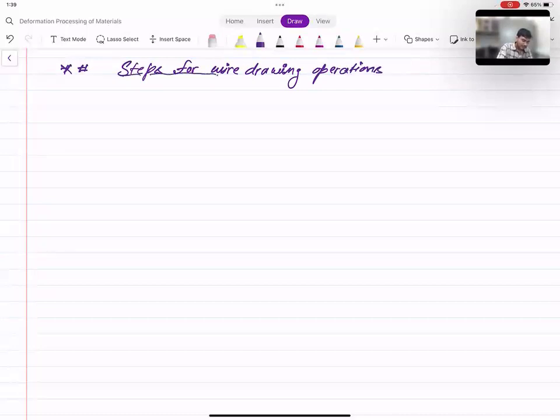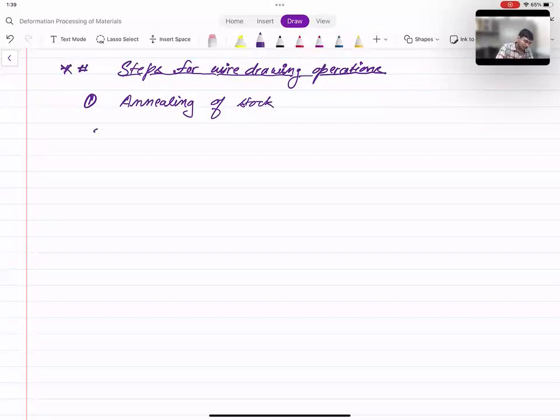So the very first step here, as I mentioned, is that the stock should be in annealed condition, so first step is annealing of stock. After annealing, since the stock will be in contact with several dies, we should keep in mind that it should not damage the dies, and also it should not have any kind of defects on the surface, so it needs to be cleaned.